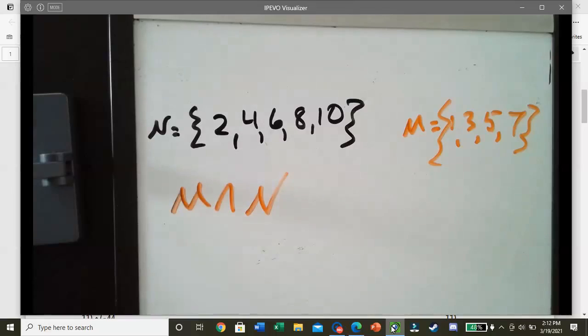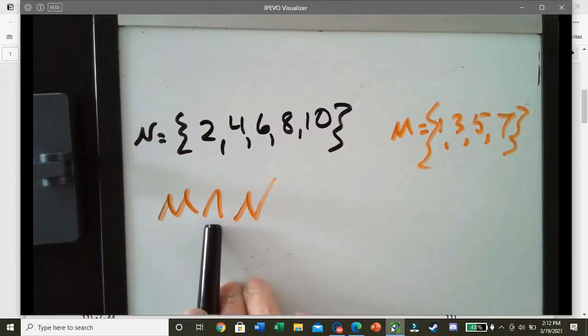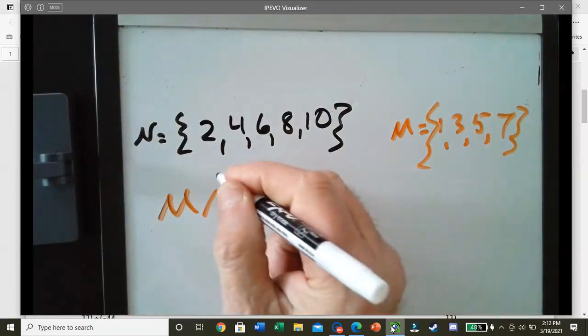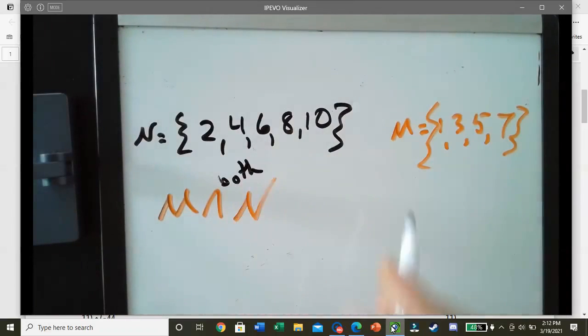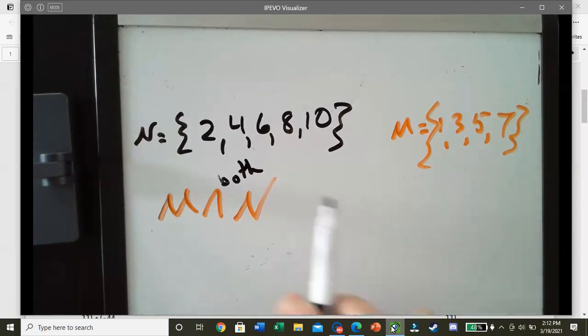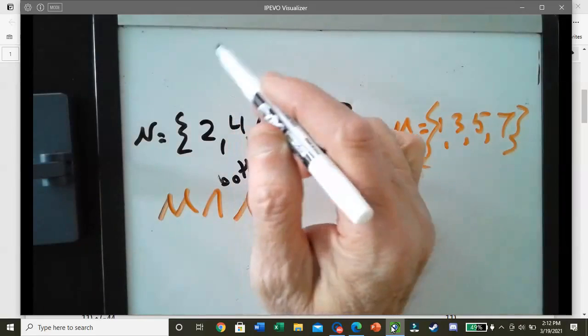Okay, so we're looking to see what the intersection is. This means both: the elements that are in both sets, whereas the union takes everything in both sets.